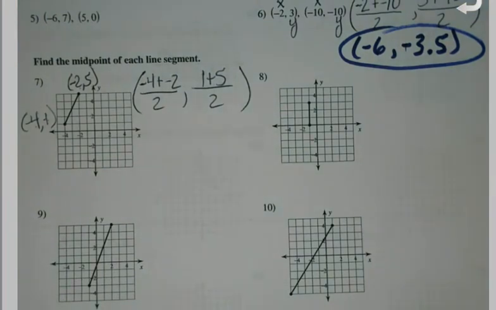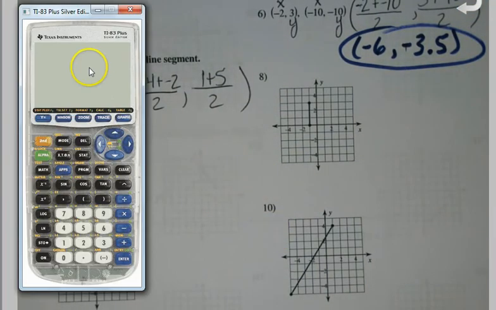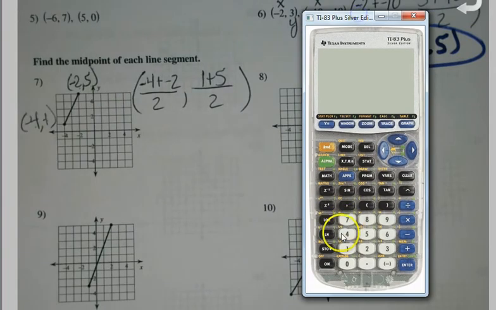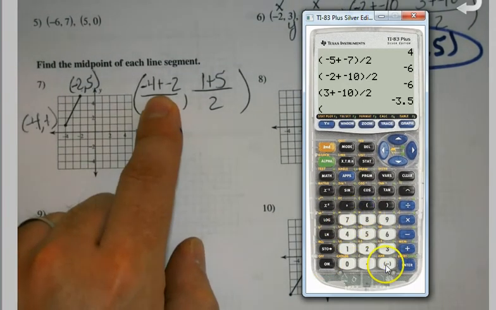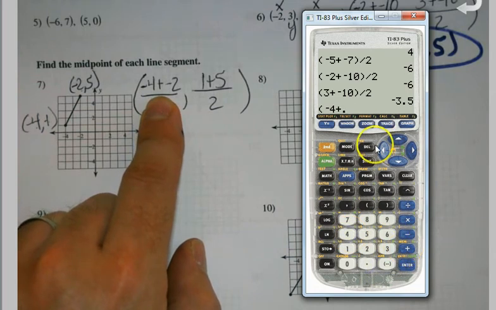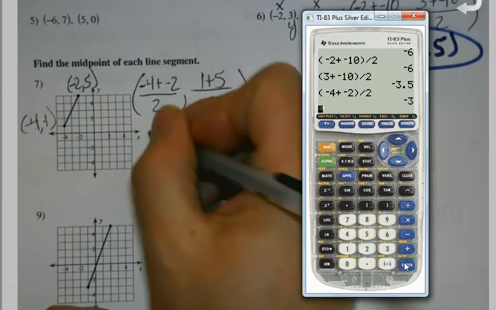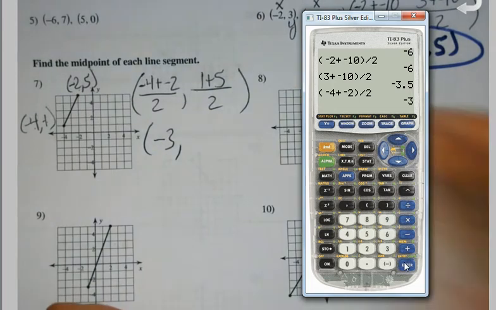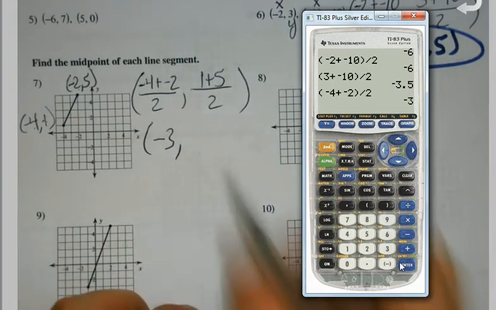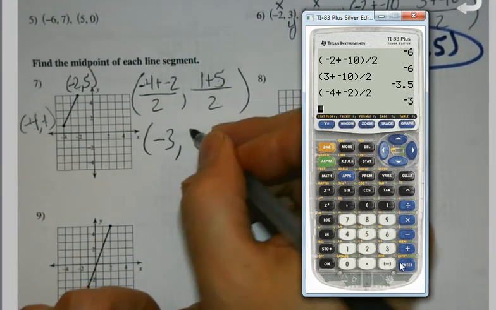And again, if I'm going to go to the calculator, I always make sure my numerator's in parentheses so I get the right answer. And then 1 plus 5, I can do this one. 1 plus 5 is 6, divided by 2 is 3.